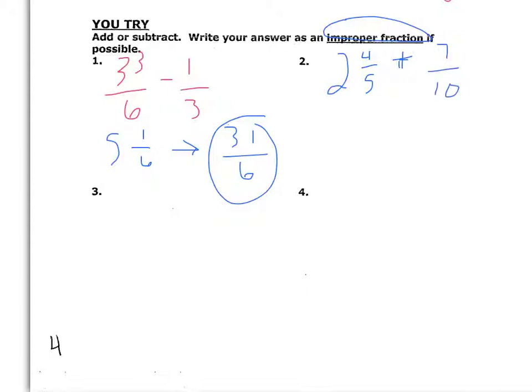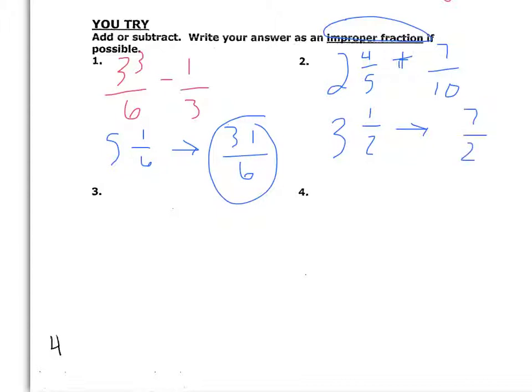You would type in 2 ABC 4 ABC 5 plus 7 ABC 10. And this would give you 3 1/2. Then we're going to change that mixed number to an improper fraction. So we push second ABC, and that gives you 7/2.